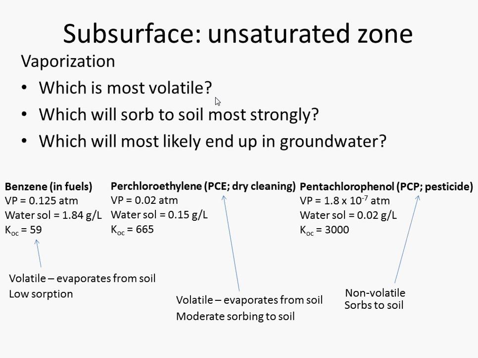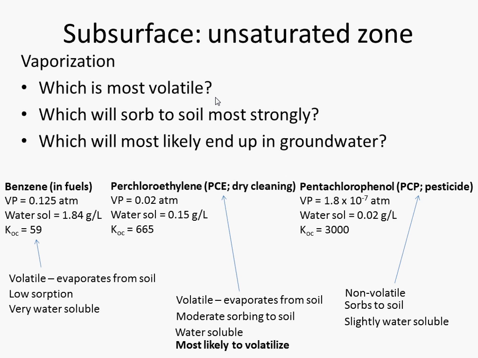And which would most likely end up in groundwater? That's going to be looking at the combination of vapor pressure and water solubility. Benzene is incredibly water soluble, perchloroethylene is less water soluble, and PCP is only slightly water soluble. So in thinking about which of these chemicals is going to end up in which phase, it's most likely that the PCE is going to volatilize.